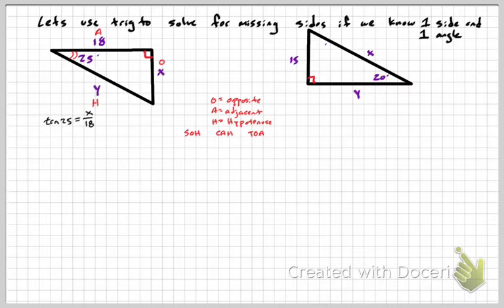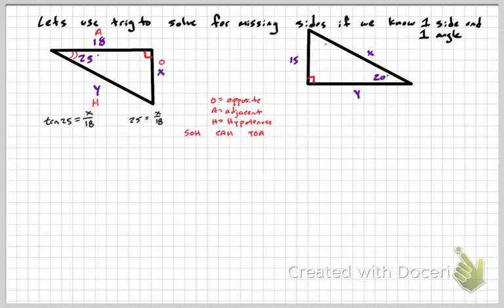Now, we're not using a calculator yet, okay? You're not going to use the calculator until you get the variable all by itself. So now we have tangent 25 equals X over 18. So we're not even going to enter this amount in our calculator. We're just going to solve this as if tangent 25 was just 25. Don't even worry about the tangent. So if you had 25 equals X over 18, algebraically, what would you do?